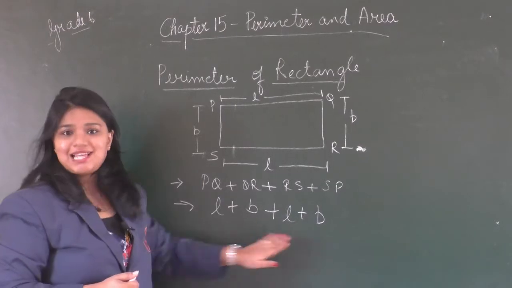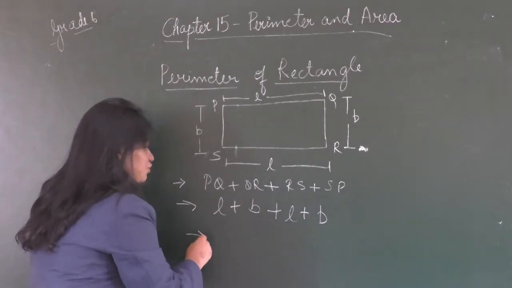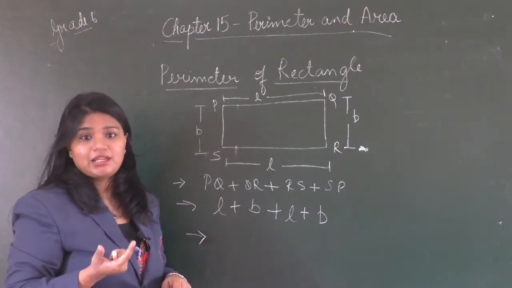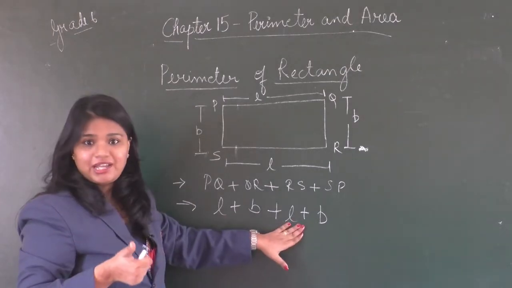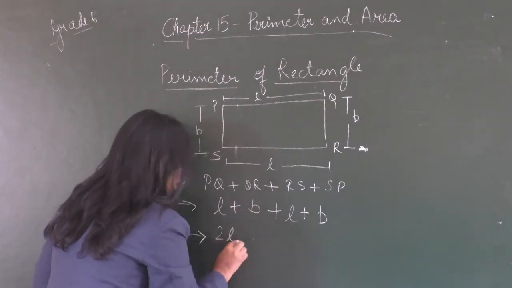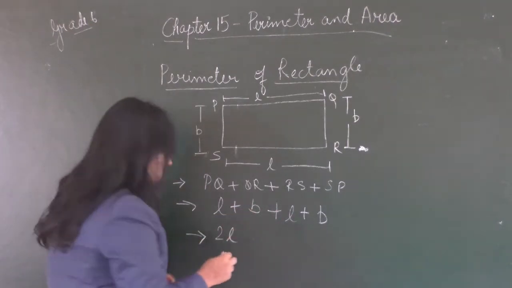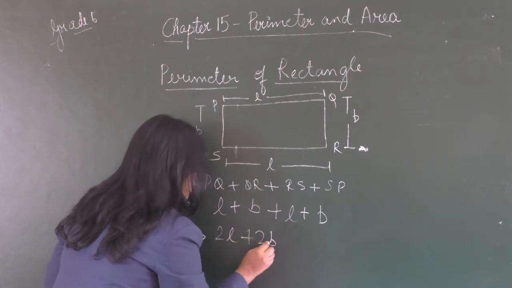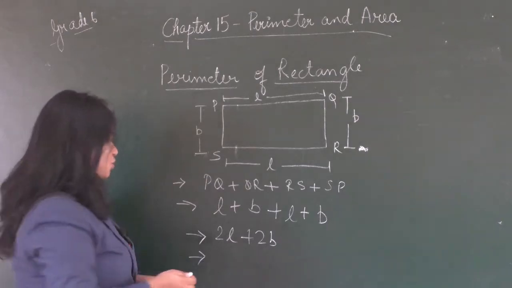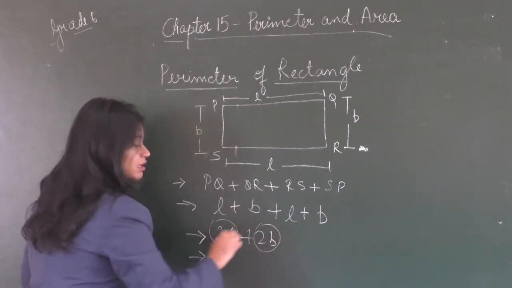So now let's add these terms. So you remember about like terms and unlike terms, like variables and unlike variables. So I can add the like variables, right? So L plus L is 2L and B plus B is 2B. Now in this, can I take 2 common, because 2 is here as well as here.